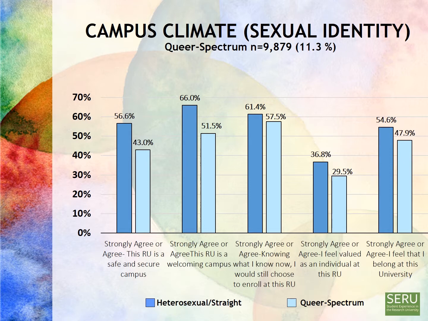Maybe that's an artifact of being at large research universities, but overall, both groups don't agree as strongly with the sense that they feel valued as an individual. These are some very large campuses. And then do you feel a sense of belonging? Again, some differences there as well.